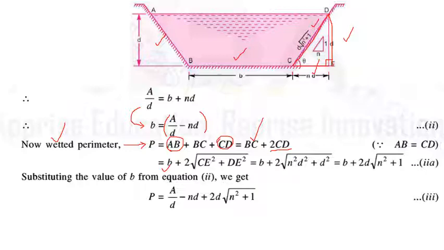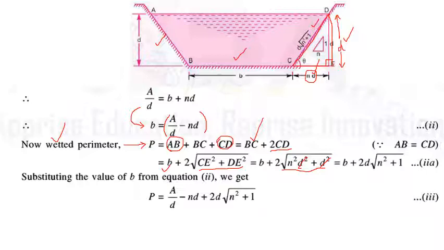That is B plus 2 into the square root of CE squared, where the length of CE is nD, so n squared D squared, plus DE squared, where the side DE has a length of D. So the square root of n squared D squared plus D squared. Then it becomes B plus 2D, taking D outside because it is common in both terms, into the square root of n squared plus 1.